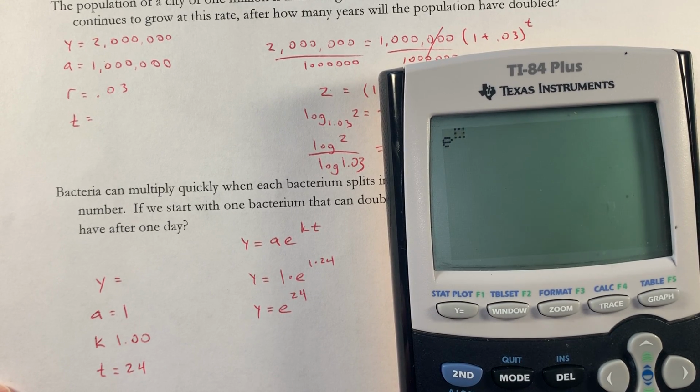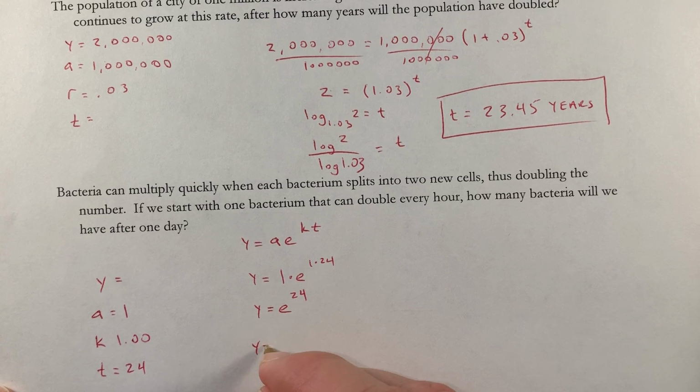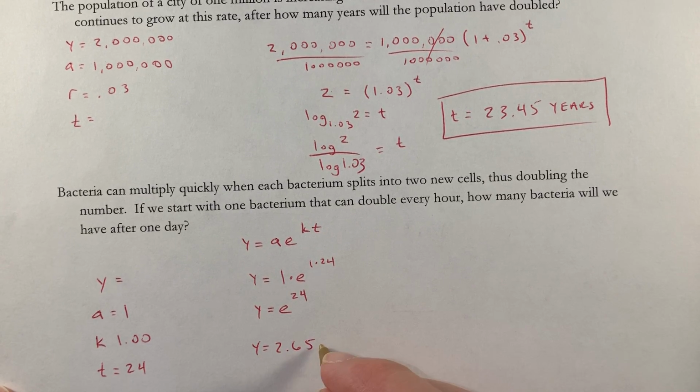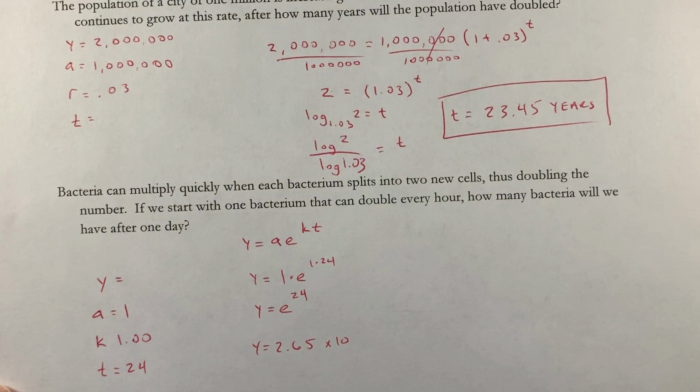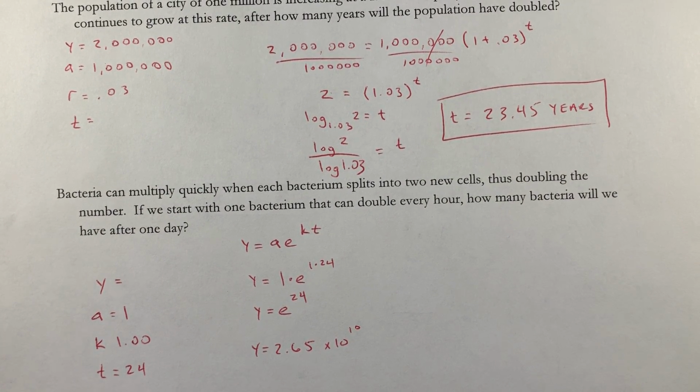So e to the 24th power is, I'm going to round it, 2.65 times 10 to the 10th power. Okay, so there it is in scientific notation.